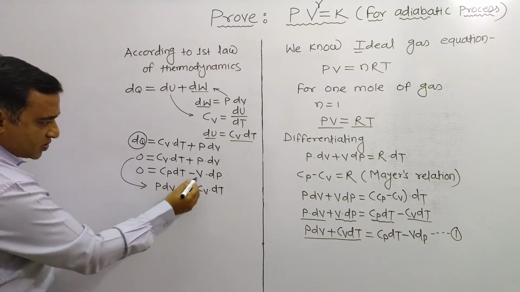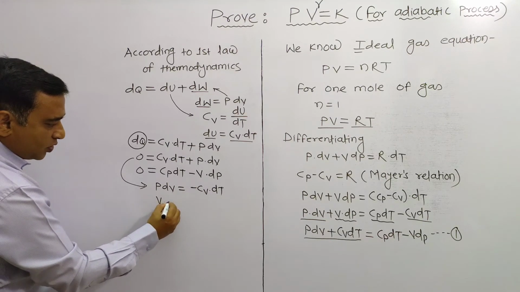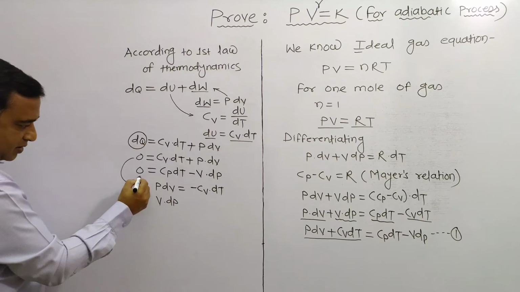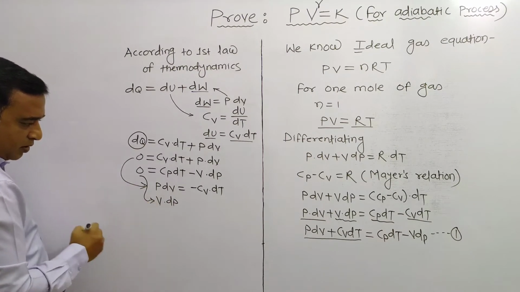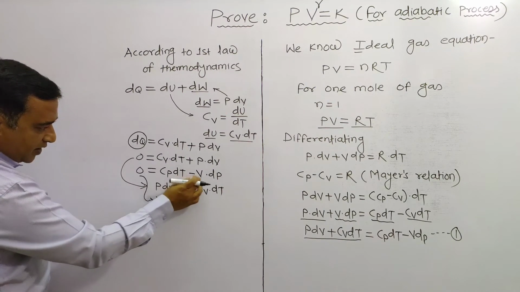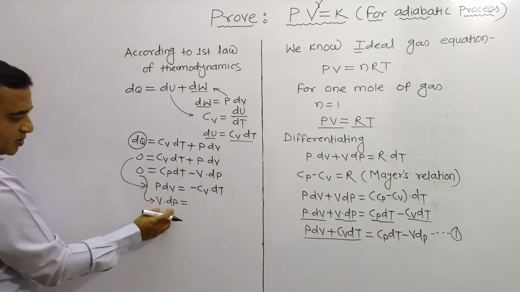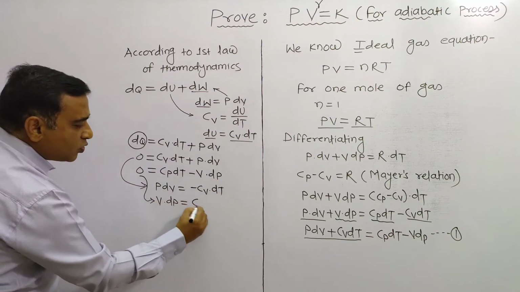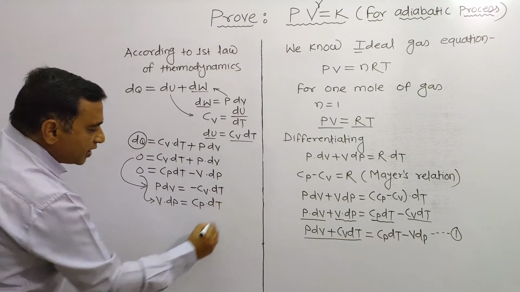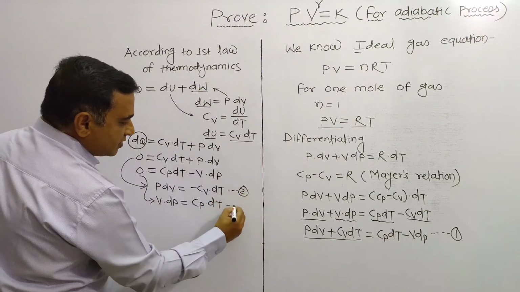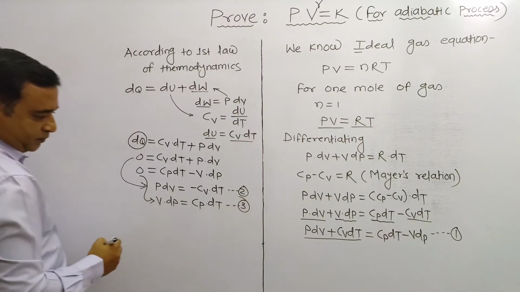And V dP, shifting this equation: because this is minus, if it is taken to the left hand side, this becomes plus V dP is equal to Cp dT. Term this equation as equation number 2, and this is equation number 3.